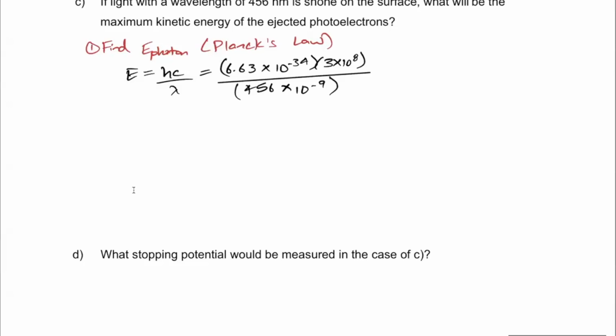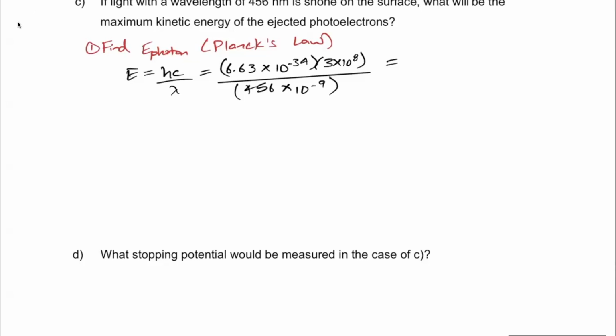All right, what are we getting for the energy of the photon? Megan has 4.36 times 10 to the negative 19 joules.